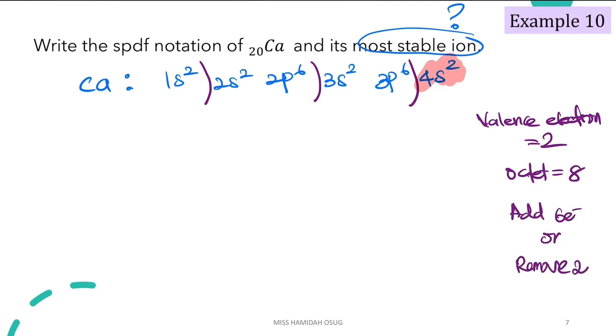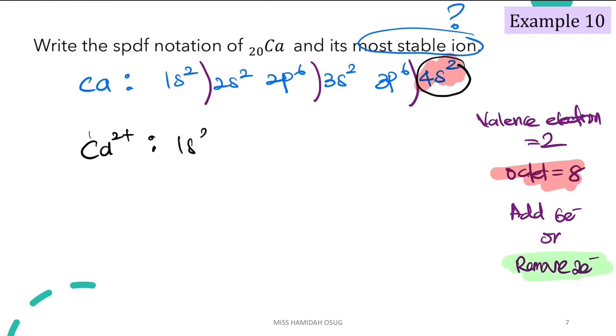So mana yang lagi senang, kita tambah 6 elektron ataupun kita remove 2 elektron? So kita akan remove 2 elektron. Okay, so bila kita remove 2 elektron, meaning to say the ion that will be formed is positively charged ion, and the SPDF notation is 1s2, 2s2, 2p6, 3s2 and 3p6.